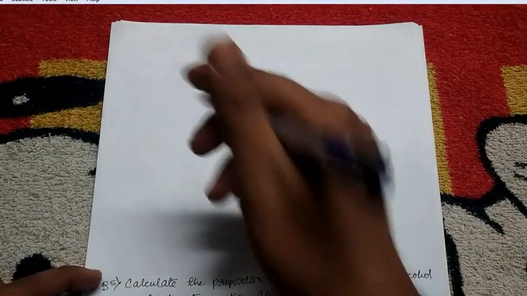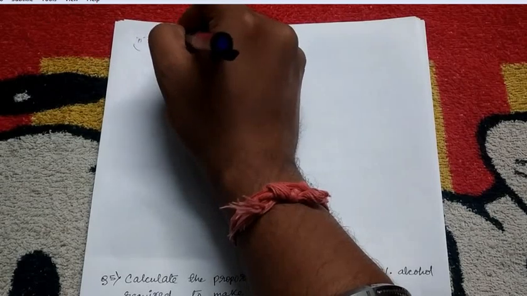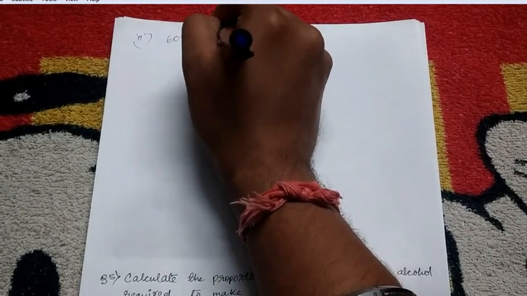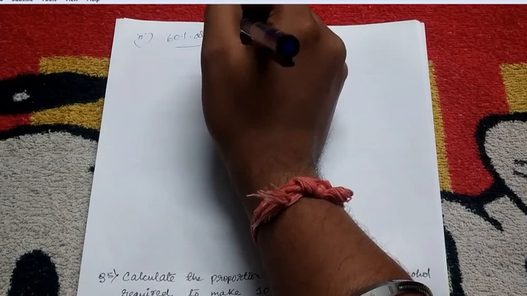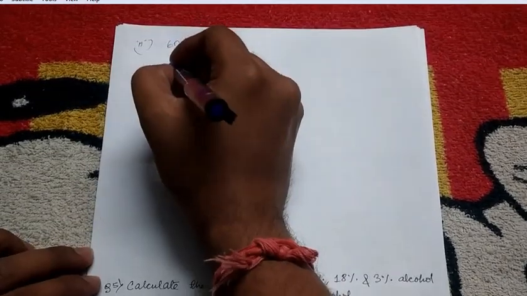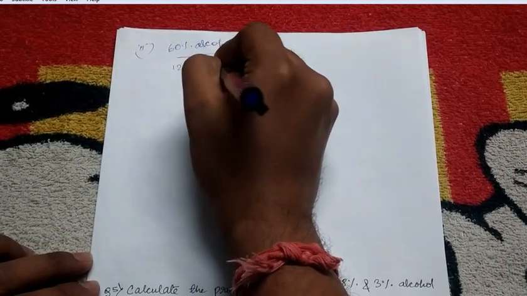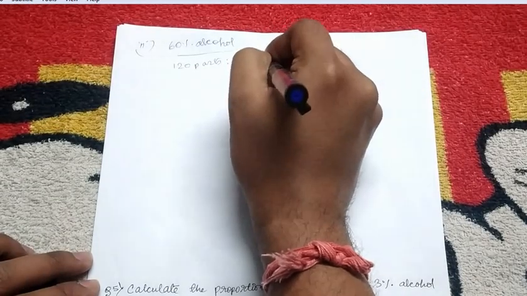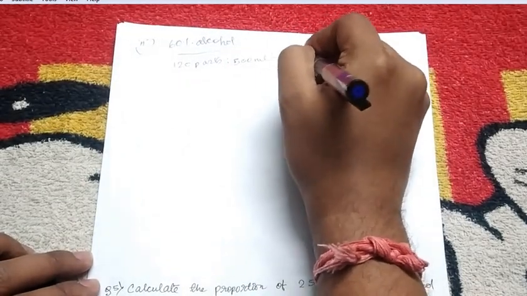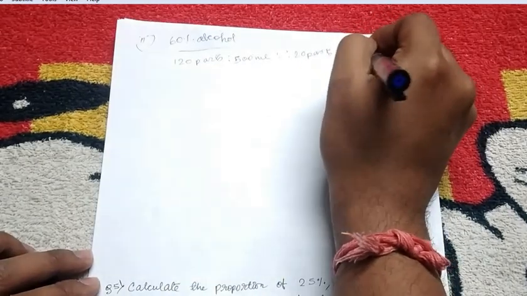Now second one, for 60% alcohol, we have again the same thing, 120 parts for 500 ml. So 20 parts for V ml.